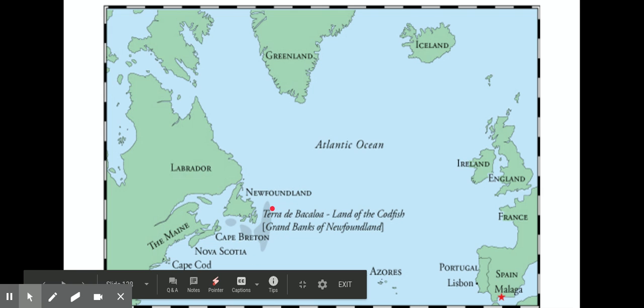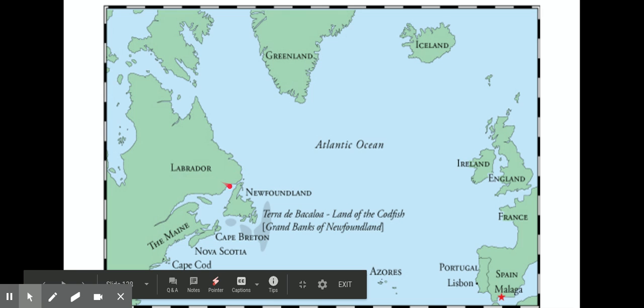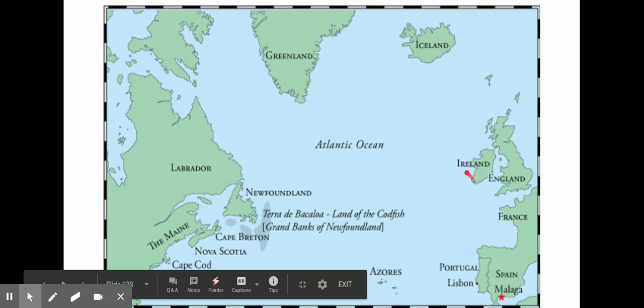Now, when they do that, this is still a long journey. It's not like they go to work in the morning and say, "Okay, honey, see you this afternoon," and then cross the Atlantic and come back. No, they go over and they're gone for months at a time. Imagine they're leaving in the early spring.